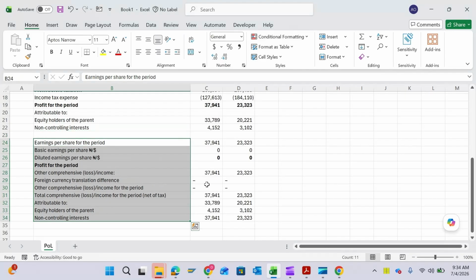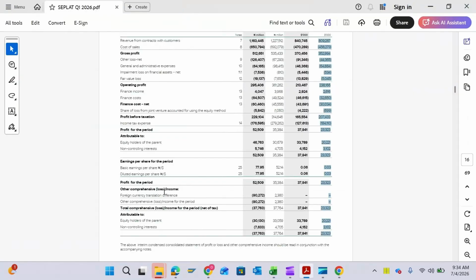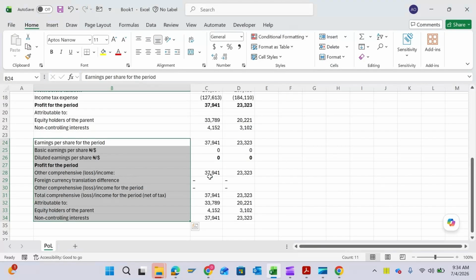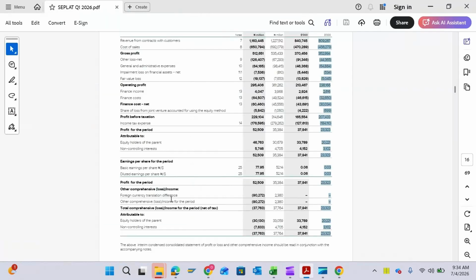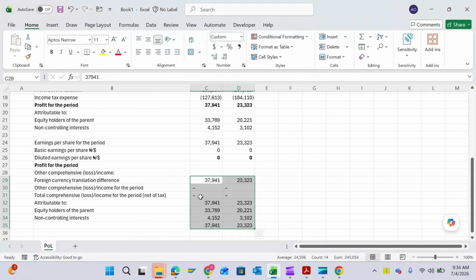Then other comprehensive, there is a space. Other comprehensive, there is a space. This is not there. Then we have the foreign currency translation difference dash, other comprehensive also dash.